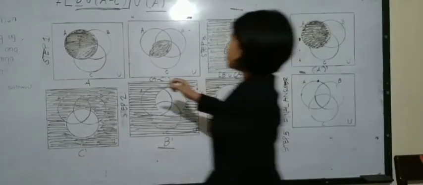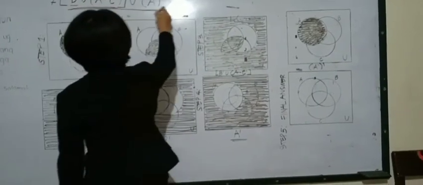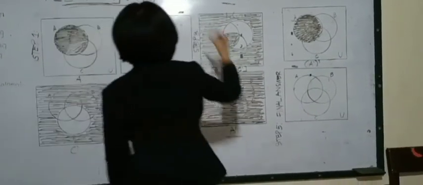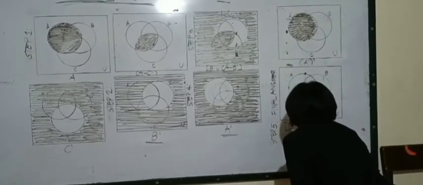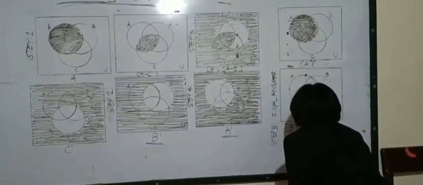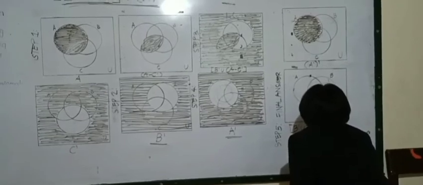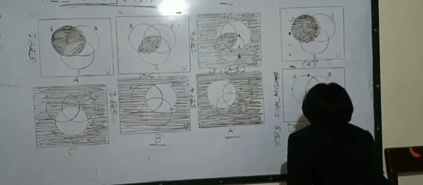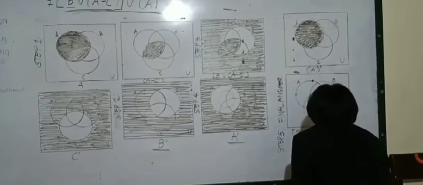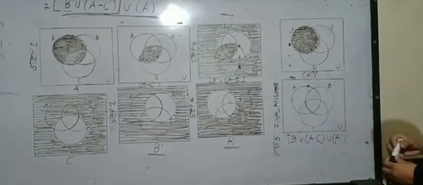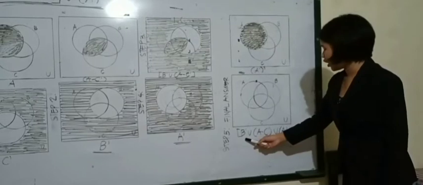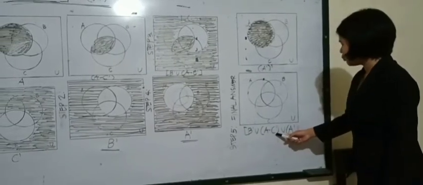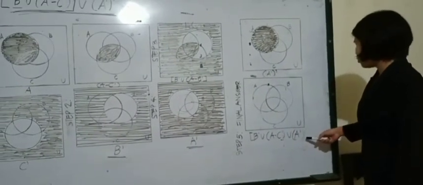The final answer of this sets. We are going to find the B prime union A minus C prime union A prime and prime.